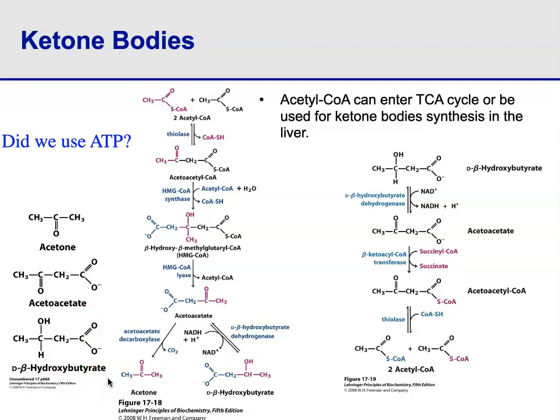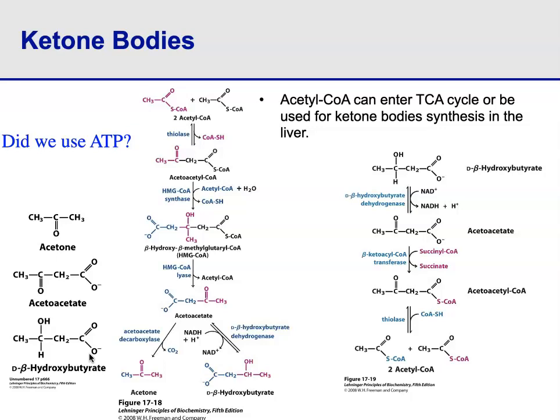They're very much connected. The difference between acetone and acetoacetate is one carboxyl group added to one of the methyl groups of acetone. And the difference between beta-hydroxybutyrate and acetoacetate is that instead of a ketone group, or carbonyl group, we have a hydroxyl group bound to it. So these are structurally very close compounds. Again, the point of ketone bodies is to substitute for glucose to feed the brain and other tissues.